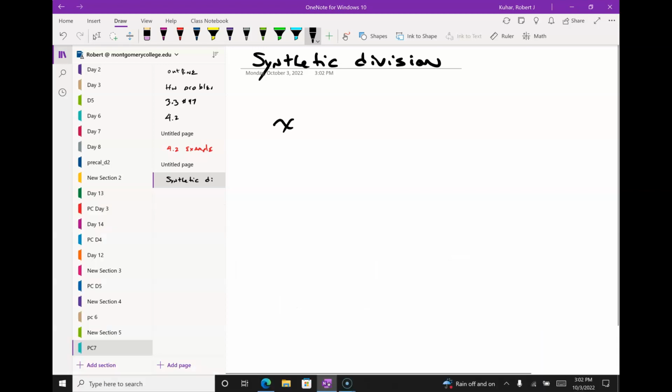I'm doing x cubed minus 8 over x minus 2. I already know the remainder is 0 because I did it already with long division. But I'm going to set up my synthetic division. I do an upside down long division symbol. I'm putting my 0 out front.